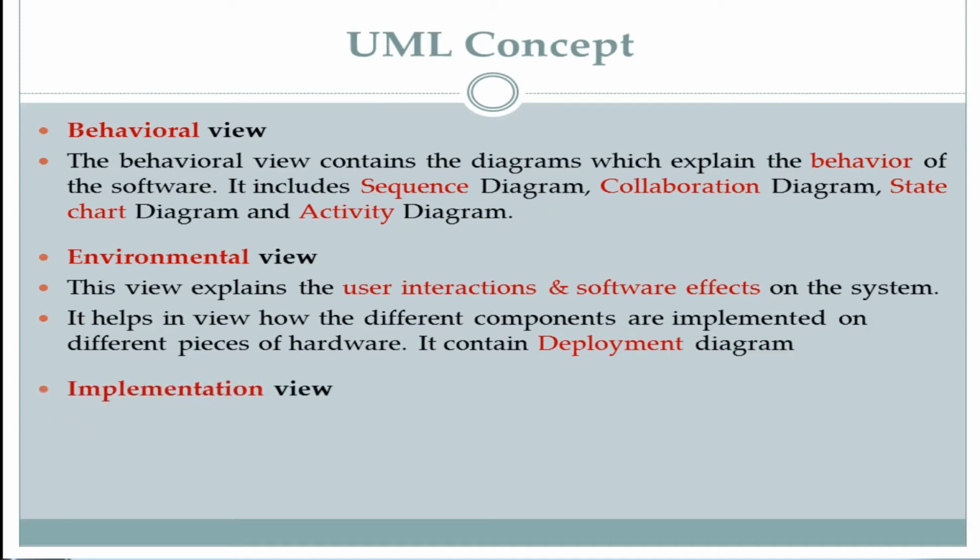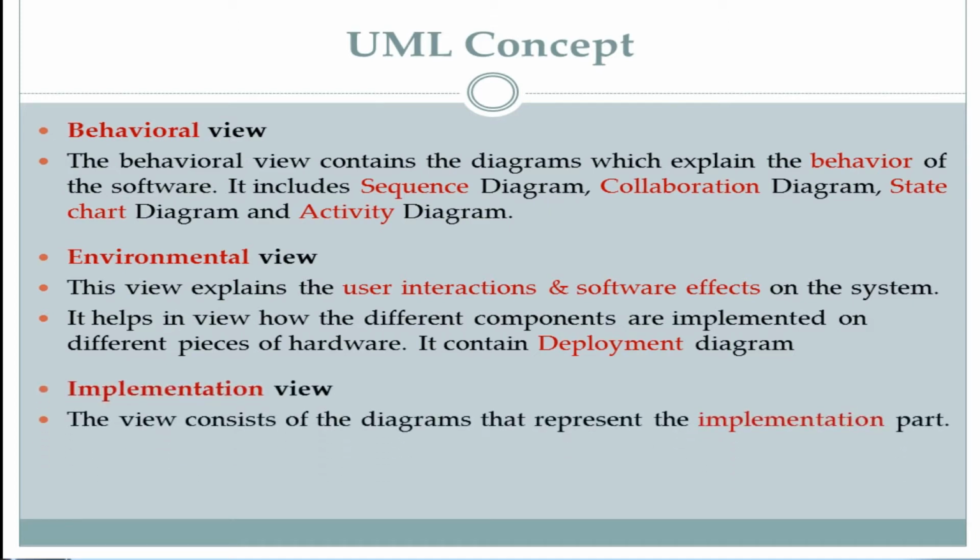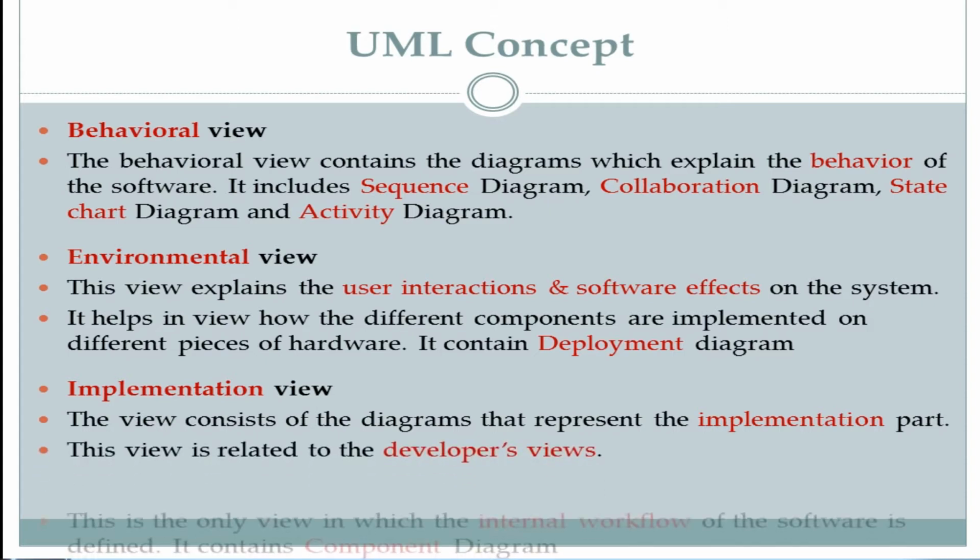In the implementation view, it consists of the diagrams that represent the implementation part of the system. It means what is going to be attached, what is going to be removed, or what will be implemented with the system or to the system is going to be represented using the implementation view. This view is related to the developer's point of view.